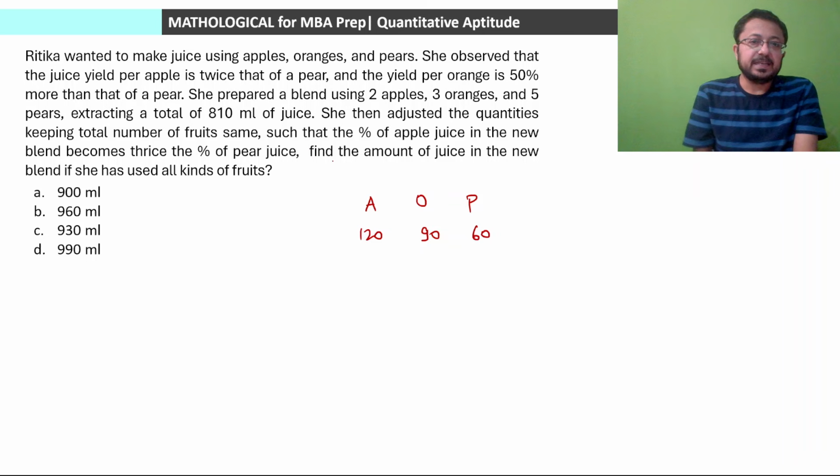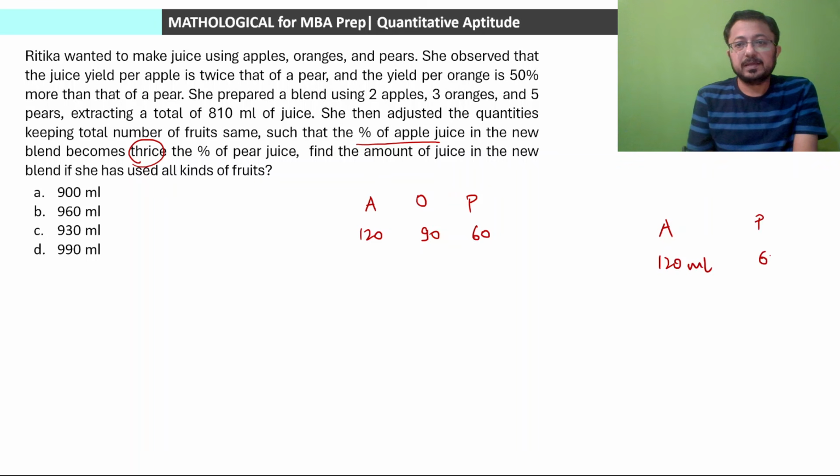And question is saying that percentage of apple juice in the new blend is thrice that of percentage of pear juice. So अगर juice extracted from 1 apple is 120 ml, juice extracted from 1 pear is 60 ml. So if we need thrice the juice via apple in comparison to pear, so if we are taking exactly 1 pear, so juice extracted will be 60 ml.